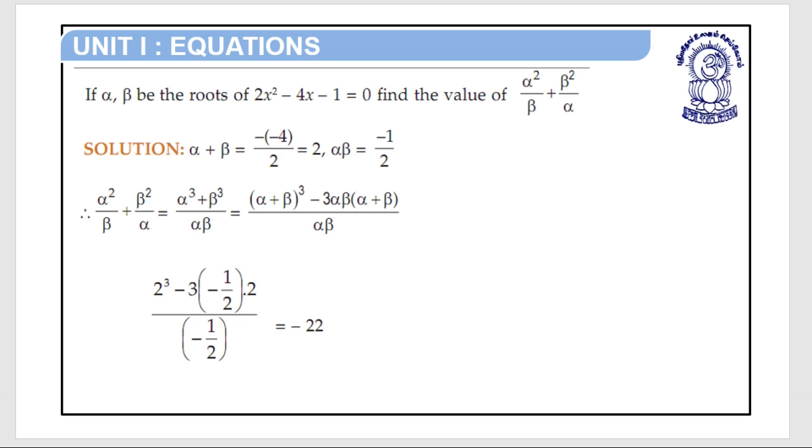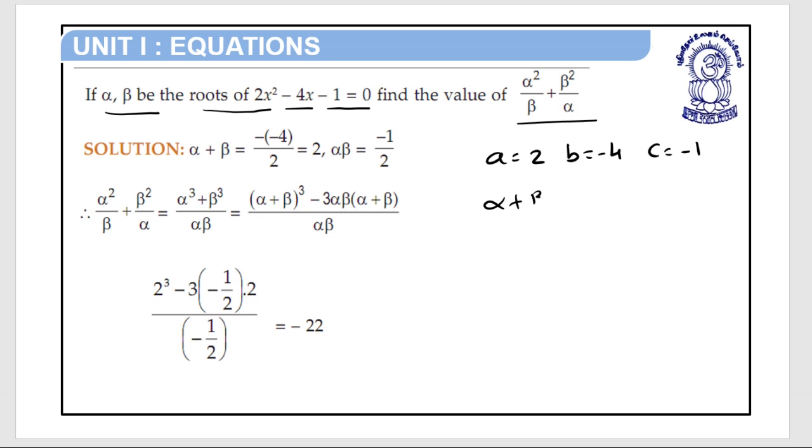Now, next one: if alpha and beta are the roots of 2x square minus 4x minus 1 is equal to 0, find the value of alpha square by beta plus beta square by alpha. Here a is equal to 2, B is equal to minus 4, C is equal to minus 1.